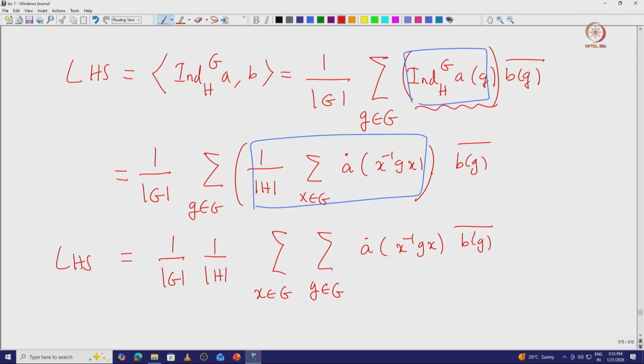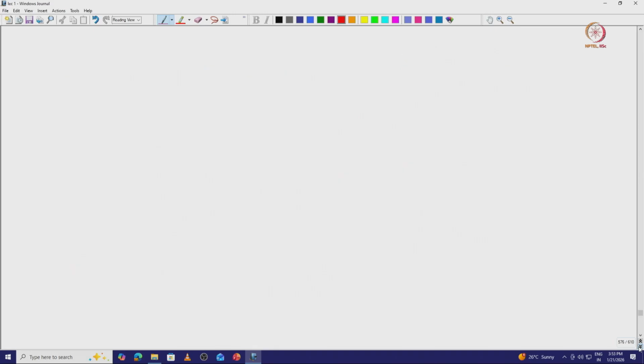So, that means we can rewrite the sum as follows. Whenever x inverse g x is an element of capital H, then a dot of x inverse g x looks like exactly a h.